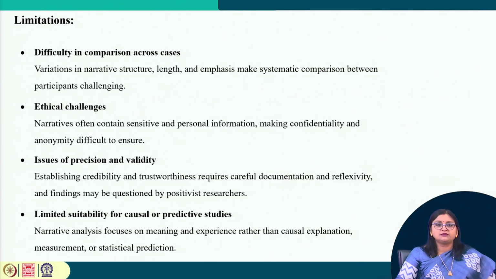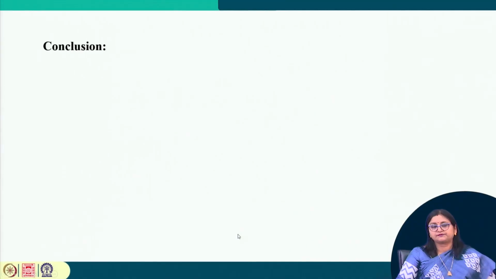And the last one is limited suitability for causal or predictive studies. Narrative analysis focuses on meaning and experience rather than causal explanations, measurement or statistical prediction.